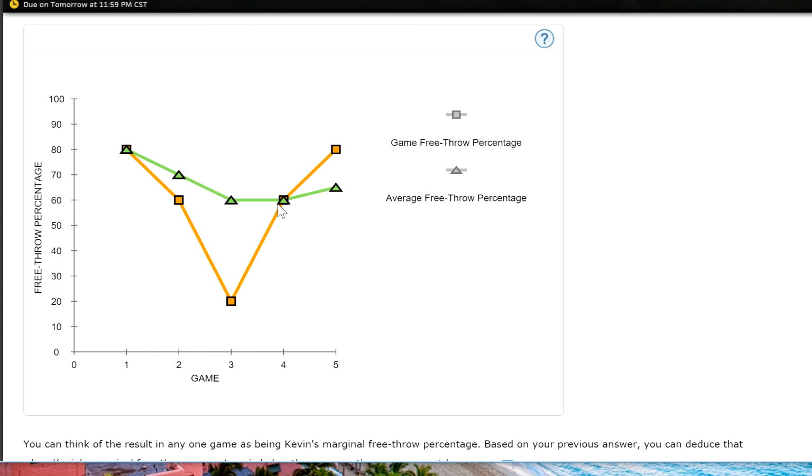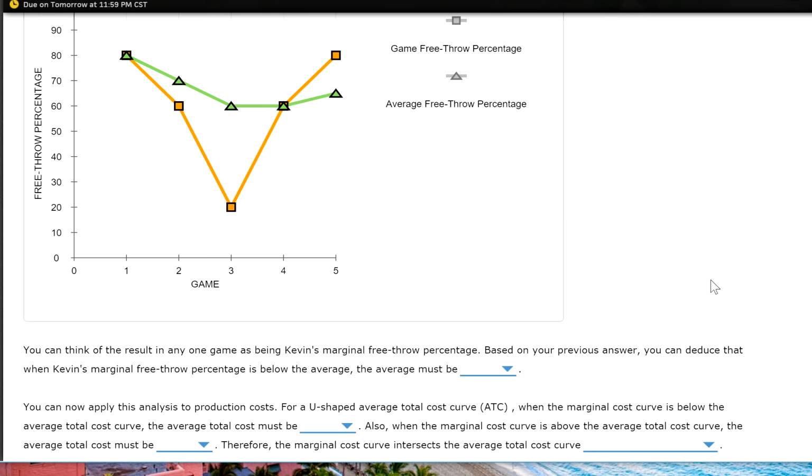But see how on the fifth game, when the one game percentage is higher, the average is going up. So every time your marginal is below average, the average must be falling. And vice versa, any time your marginal is above average, the average will be rising.